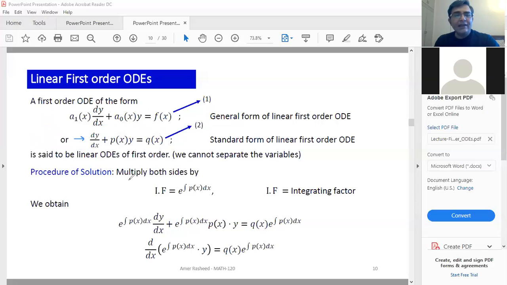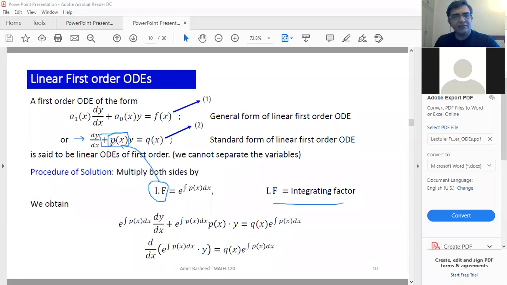We calculate the integrating factor of the given differential equation. How do we calculate the integrating factor? We see what this function p of x is, along with the sign.